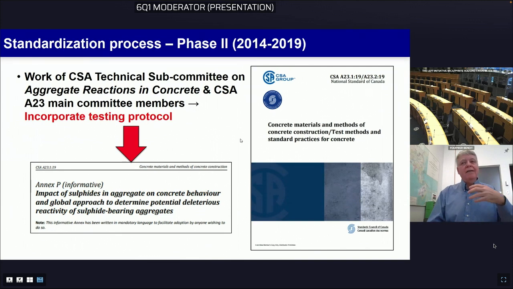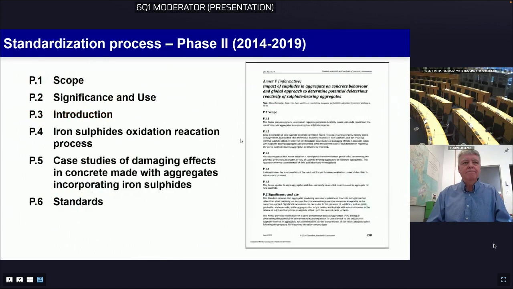During that period from 2014 to 2019, the results of the research were incorporated in the new version of Annex P. In this new version of the Annex P, we kept the introductory material that we had developed for the previous cycle of the standard.